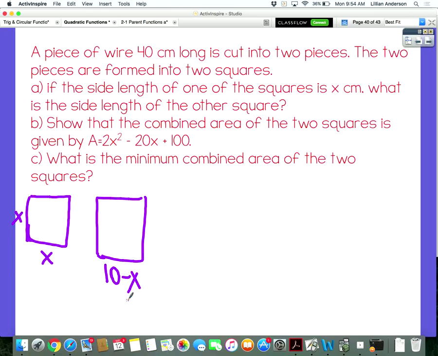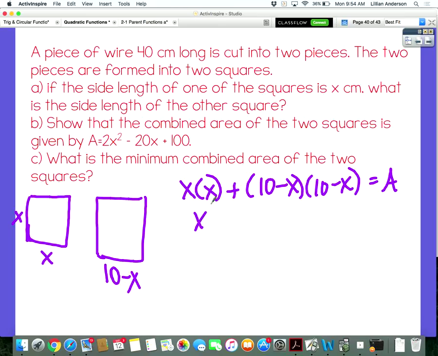In order to show that the combined area of the two squares is that equation, how do you find the area of a square? Length times width. So you have x times x, and over here you would have 10 minus x times 10 minus x. It said the combined area, so you have to add them.